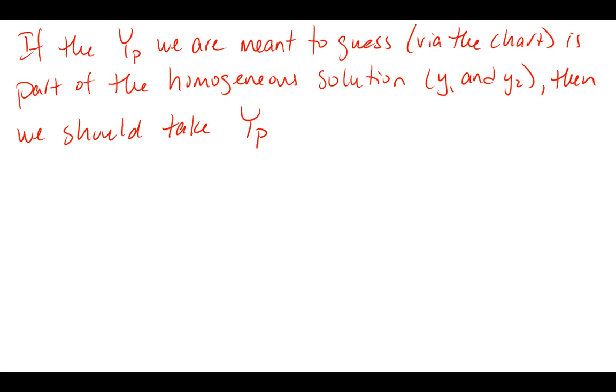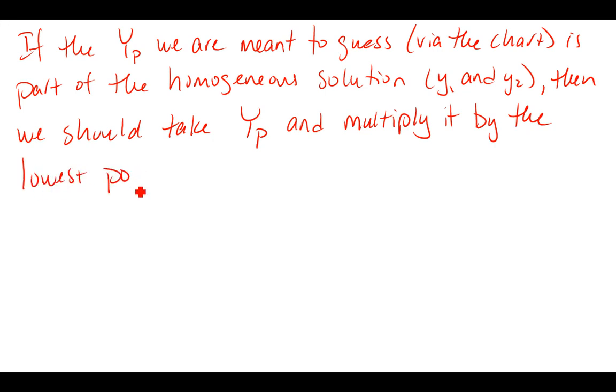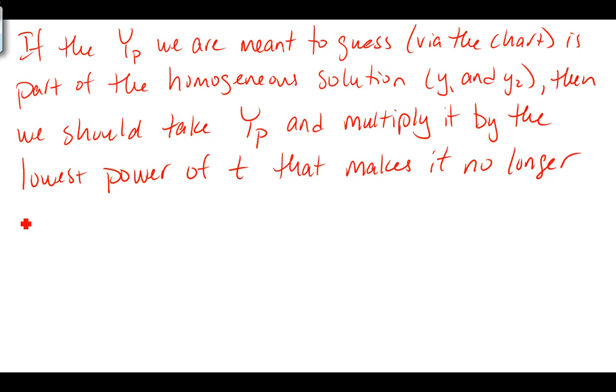If you start with this guy, which isn't going to work, we should take yp and multiply it by the lowest power of t that makes it no longer part of the homogeneous solution.